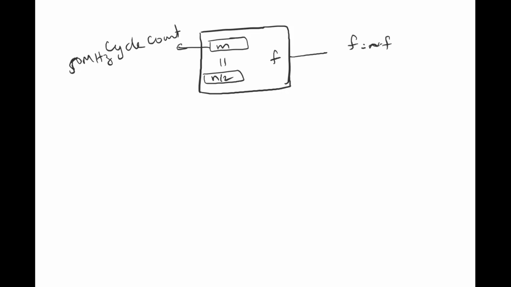Initially your f is initialized to 0, and whenever this cycle count is generated by the same counter design that you used in your week 1, but instead of having the counter for 4 bits, you want to have it for n amount of bits, or for a certain number of bits that can accommodate the value n by 2.